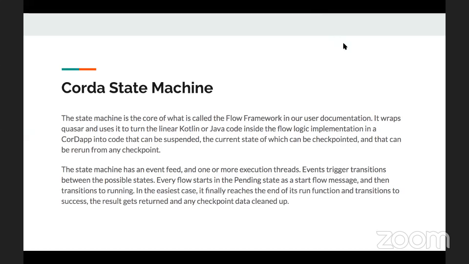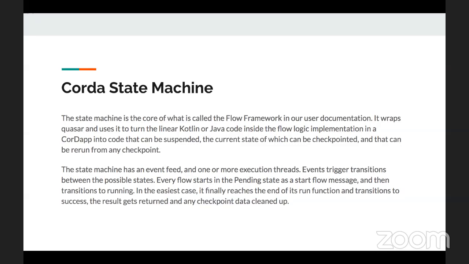Corda also uses the concept of state machines, a very important concept, right? The Corda state machine is different from the Ethereum state machine model. Ethereum and Hyperledger use a different state machine model. Corda uses a state machine only as part of the flow framework. That state machine is a wrapper on Quasar, and you can write the code in Kotlin or Java in the flow logic, and the Corda app refers to the flow logic.